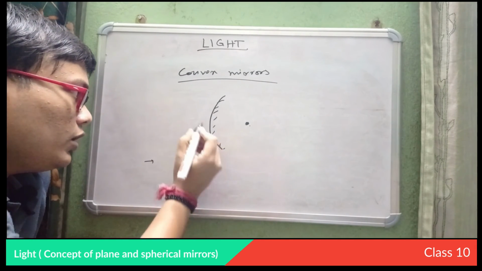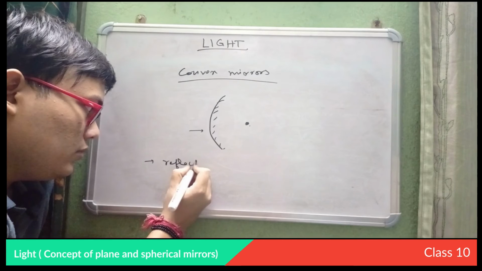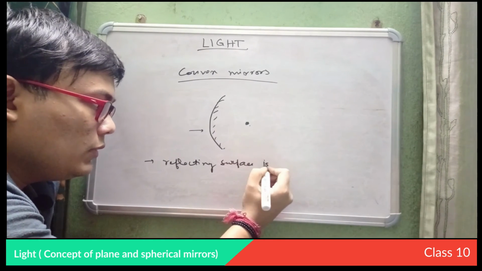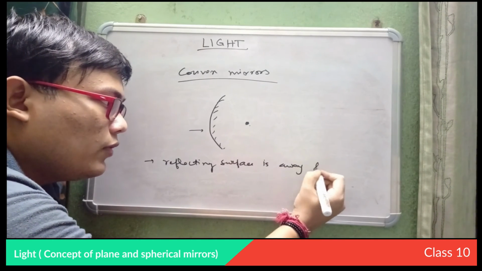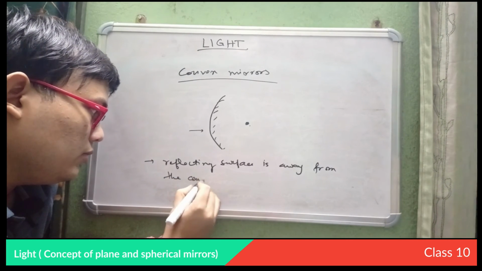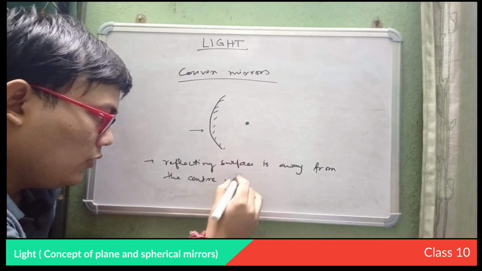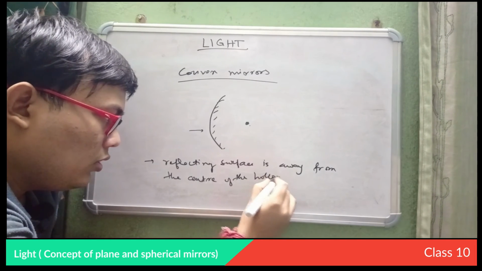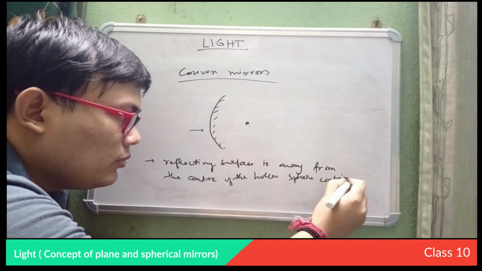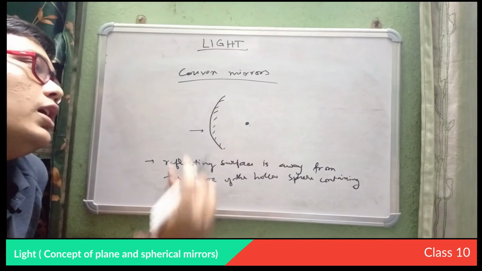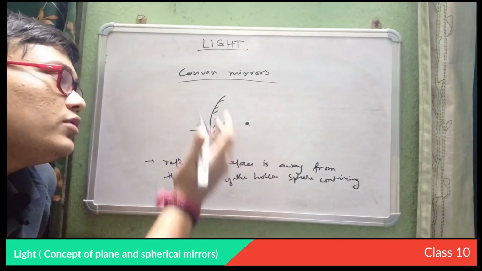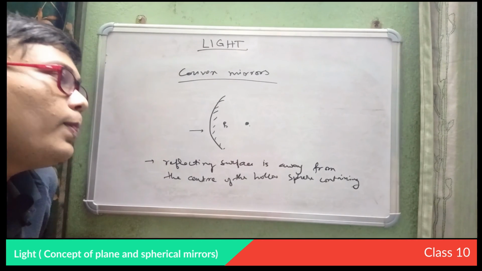So the reflecting surface is away from the center of the hollow sphere containing it, and naturally the other side, let's say this side is B, which is polished, is towards the center of the hollow sphere.